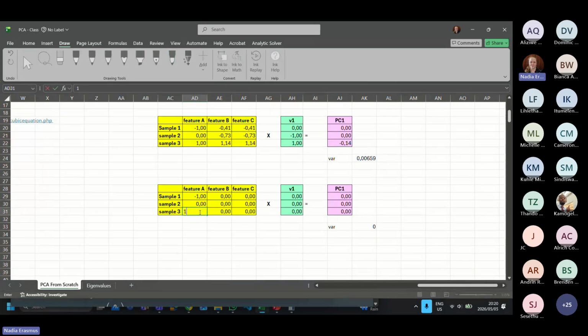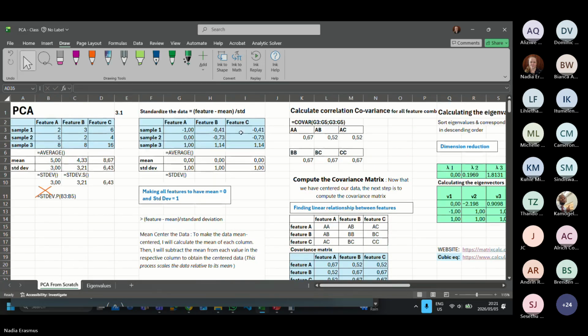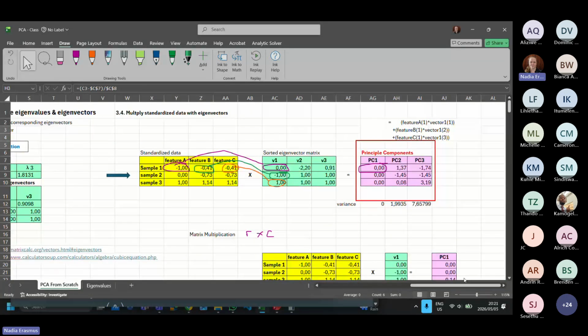Okay. 0.14 minus 0.73 and minus 0.441 minus 0.41 minus 0.73, that feels incorrect. 1.14, is it the correct one here? Yeah, it is correct.